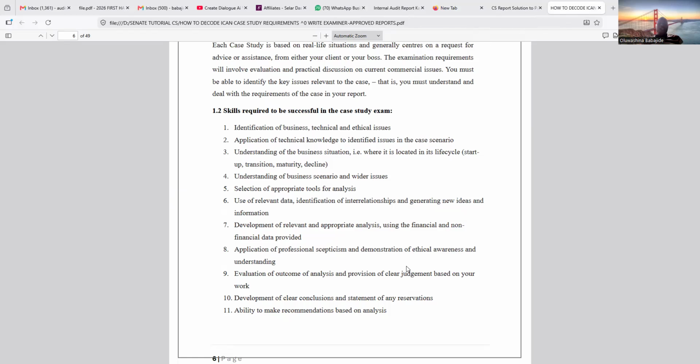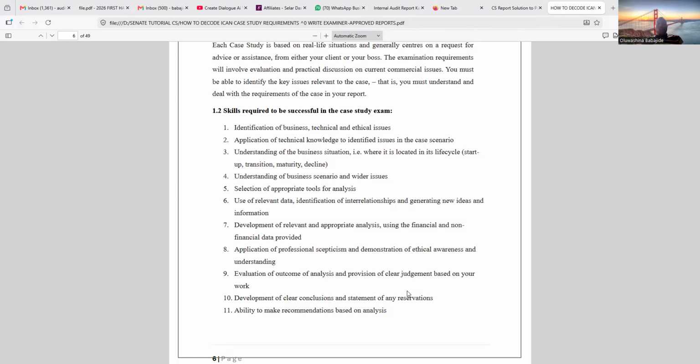Then applications of professional skills. Okay, I've done the application of professional skills and ethical awareness and understanding. Then the next one is evaluation of outcomes of analysis and provision of clear judgment based on your work.